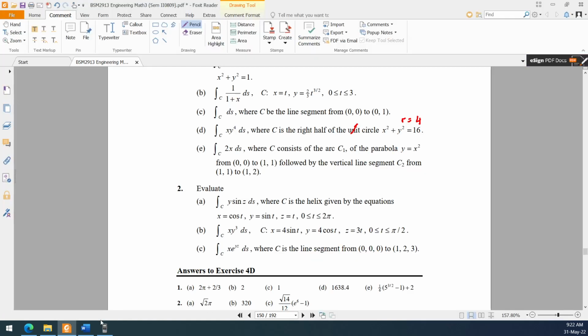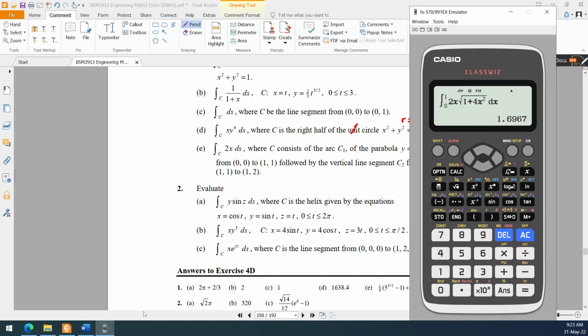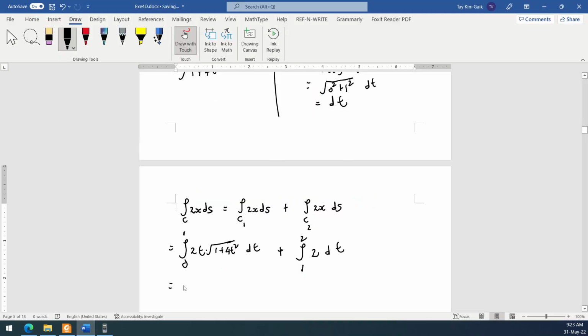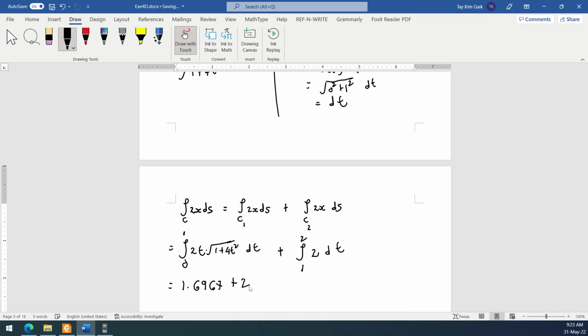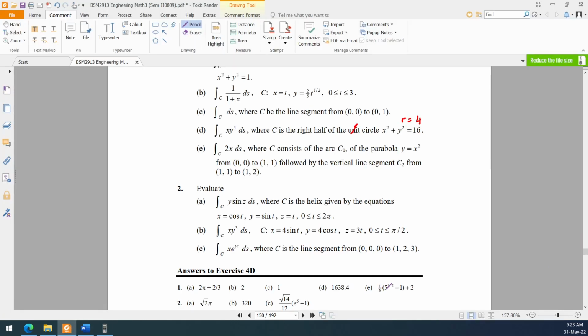Later I write down the first value: 1.6967. Later on, if you evaluate the integral of 2 dt from 1 to 2, you get the answer 2.